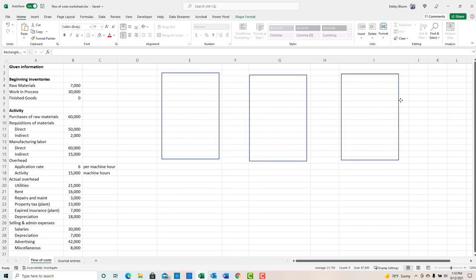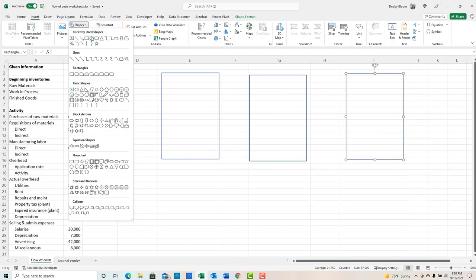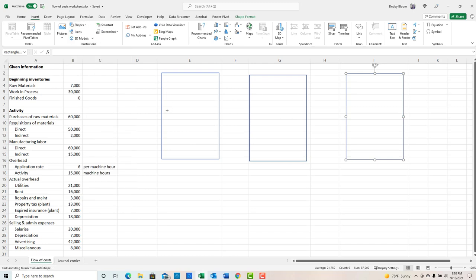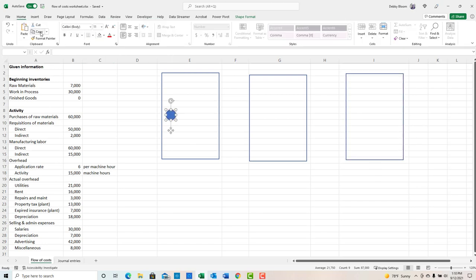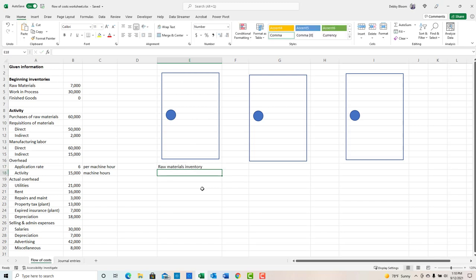And I'll make them look a little bit more like doors in a moment. So here's our door number 1, and here's our door number 2, and here's our door number 3. So our door number 1 is going to be our first inventory, our raw materials inventory. And I want you to think of it more as the raw materials storeroom.